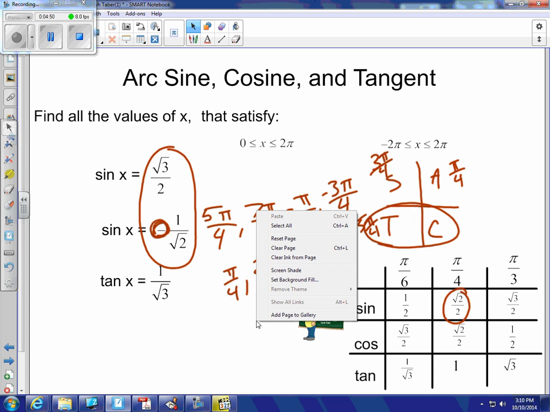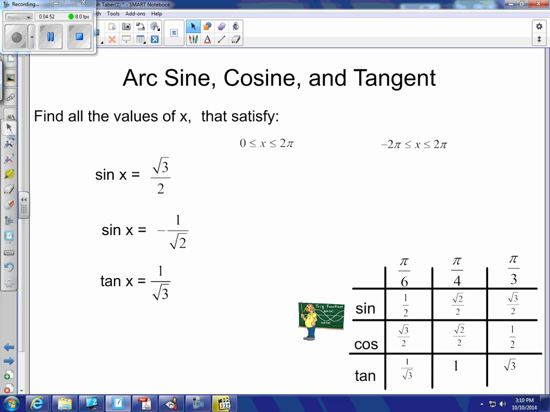Okay. So let's try another example. Tan x equals 1 over square root of 3. When does tan equal, what angle will give us tan of x equals 1 over square root of 3? Pi over 6. And it's positive, so it's pi over 6.